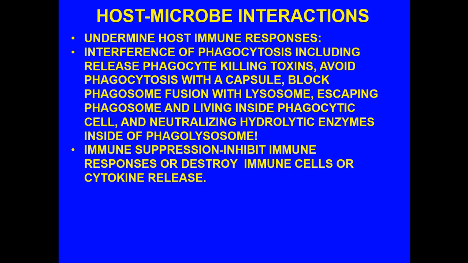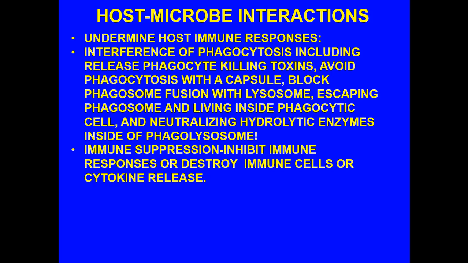It may also escape the phagosome once it's brought inside, and then end up living inside the phagocytotic cell. An example of that is tuberculosis bacteria. Or it may actually neutralize the hydrolytic enzymes of the lysosome. When the phagosome and the lysosome fuse, it forms the phagolysosome. Okay, if you remember that.